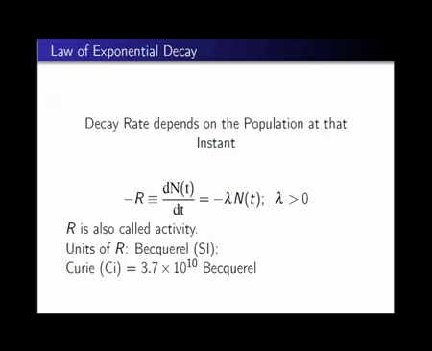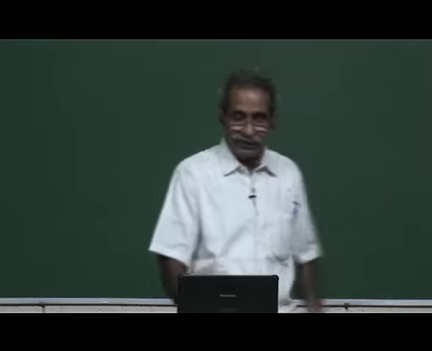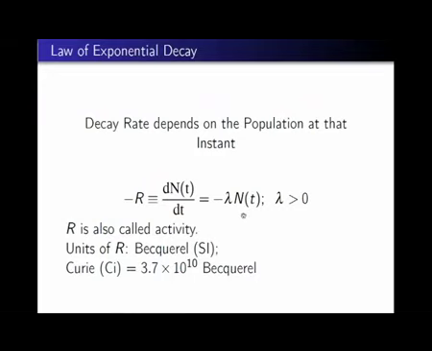That means underlying is probability. That is what we are saying. And this probability will get multiplied by the number of nuclei that are there. Therefore, the number of decays is proportional to the number of participating nuclei. There is nothing great about that. Therefore, dN by dt is given by minus lambda N of t. That is the statement that we are making. So, this rate depends on lambda N of t. That is what we have.